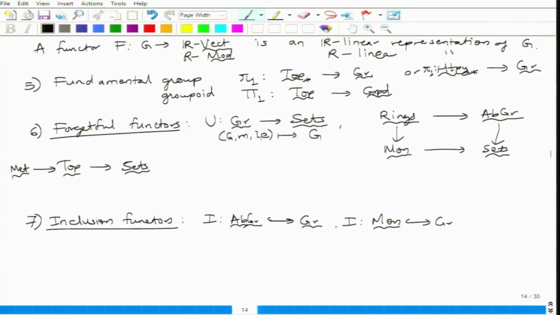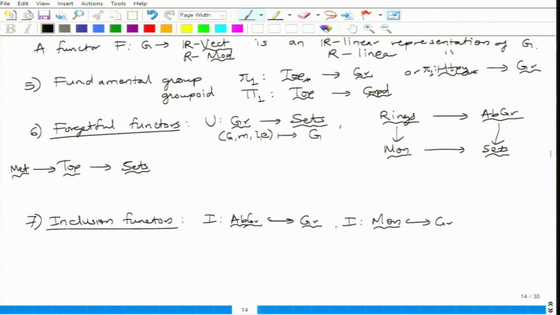I can also write inner product spaces. From inner products you get norms, from norms you get metrics, from metrics you get a topology, and from topology you forget about everything, you get a set. So actually this is a very important notion in mathematics, that we forget about parts of structures, and that will become clear as we go along.